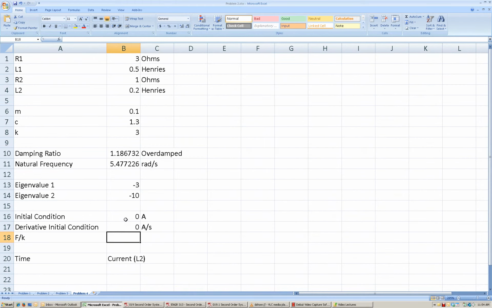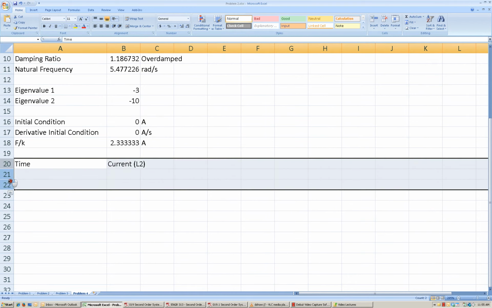F over K is the value of Vn, which is 7 volts, divided by the value of resistor R1, which is 3 ohms. That gives us our final condition in amps.